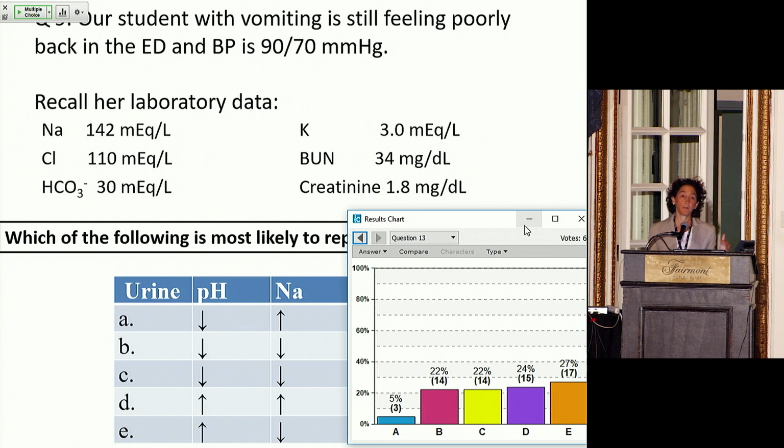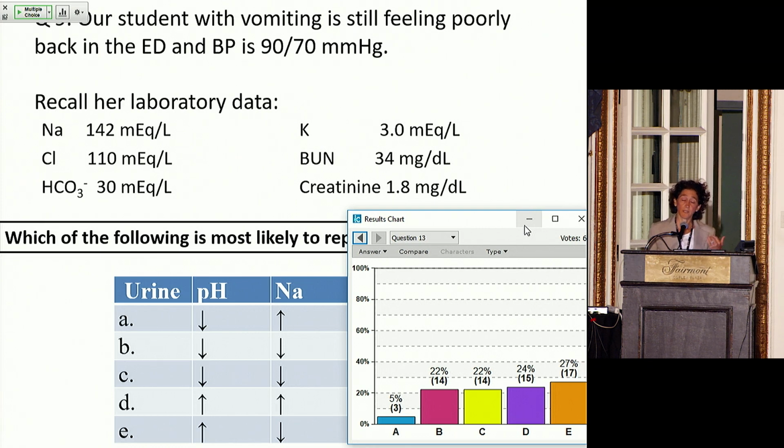Now, when volume depletion ensues, now you should reclaim all that bicarbonate. And because you're reclaiming bicarbonate, the urine pH should be low. And some have called this the paradoxical aciduria. It's not a paradox to you because you would not allow that bicarbonate to go out, because you're going to reclaim bicarbonate with sodium in the proximal tubule.